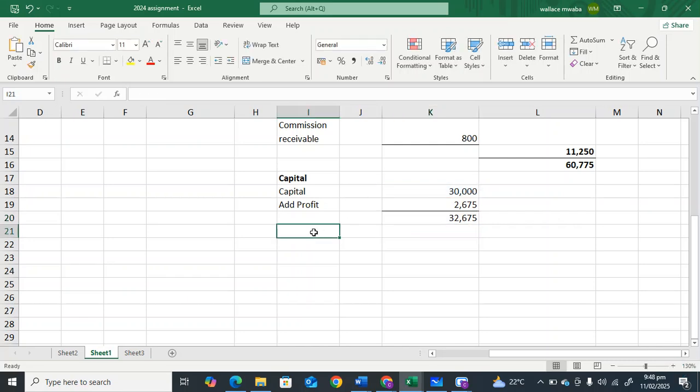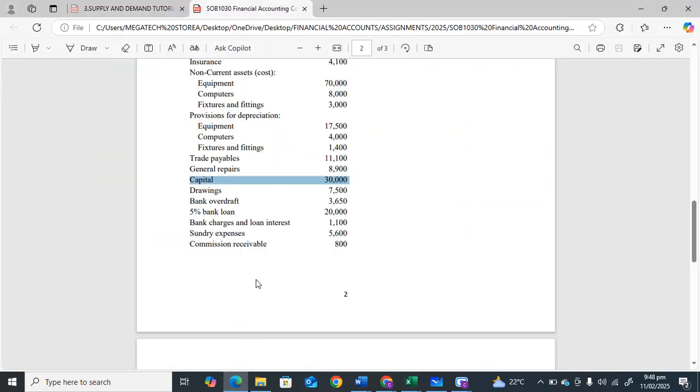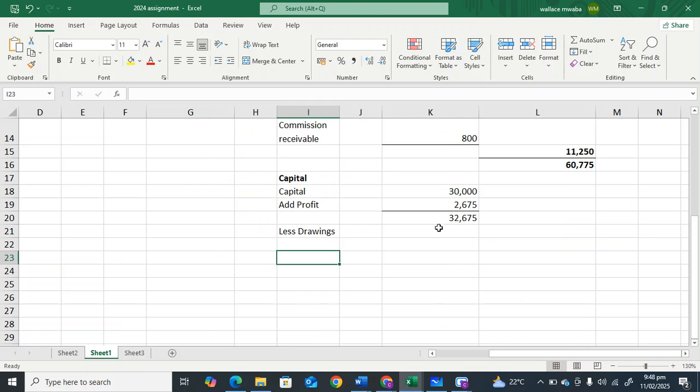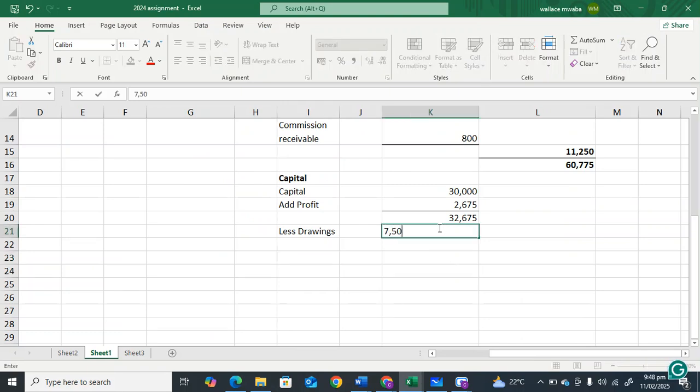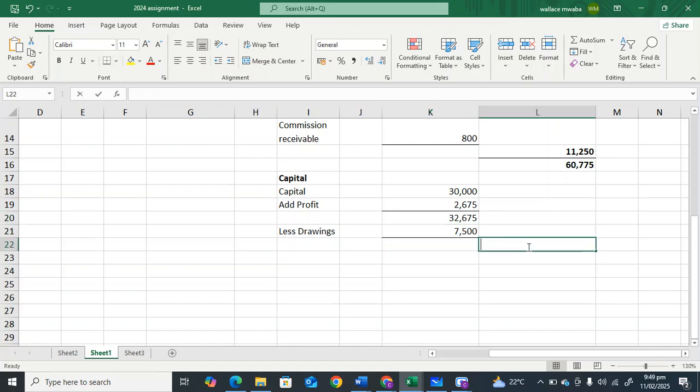Then you deduct drawings, 7,500. Okay, we get 25,175. This is the value of our capital.